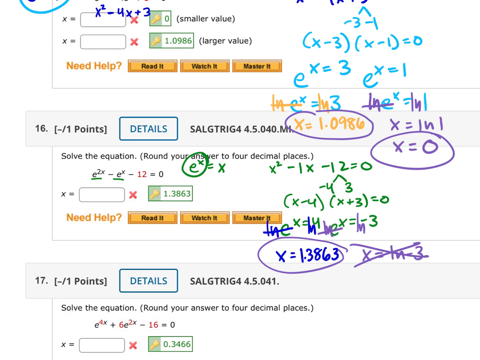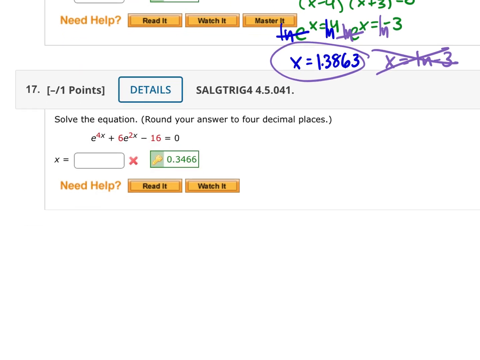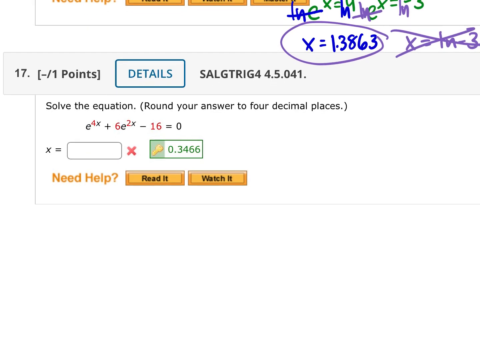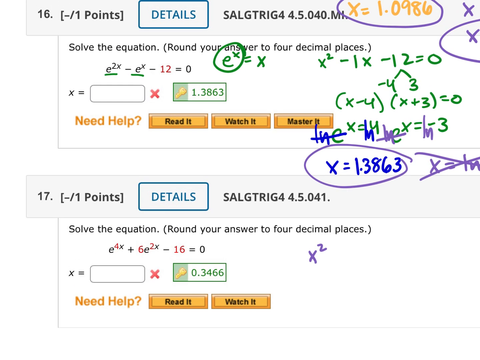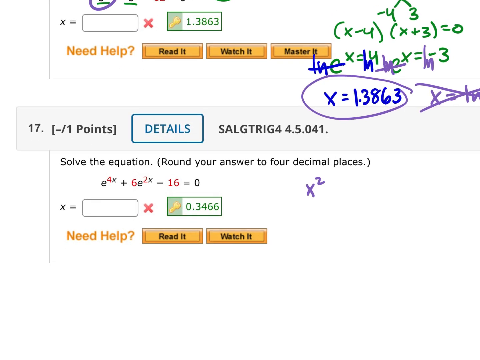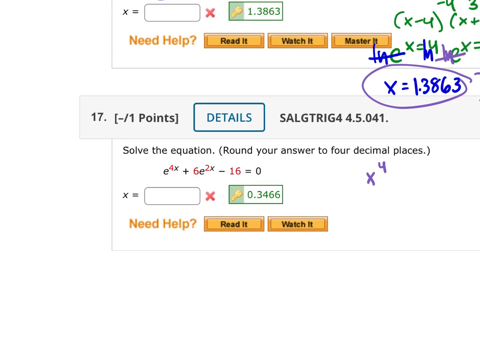All right, let's do one more. Let's look at 17. This one's kind of similar, but a little bit different. Instead of it being like an x squared, notice how this one was e to the 2x with e to the 4x. So this would be like saying x to the 4th power, or we could just change e to the power of 2x to be x.